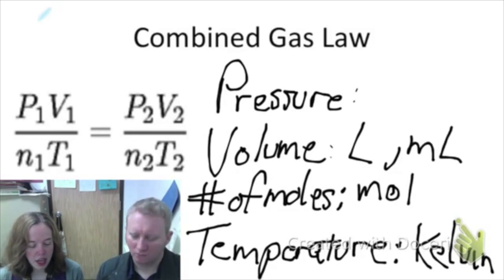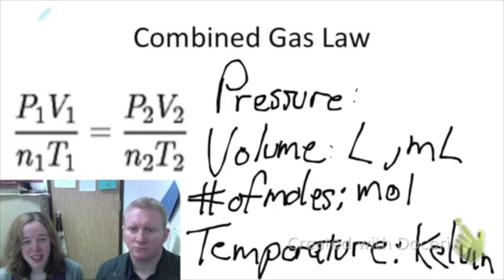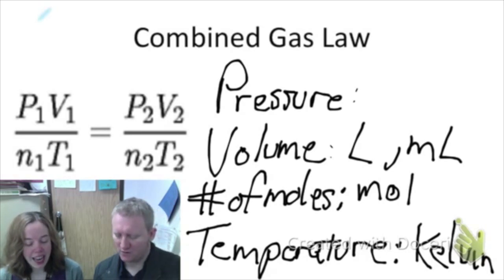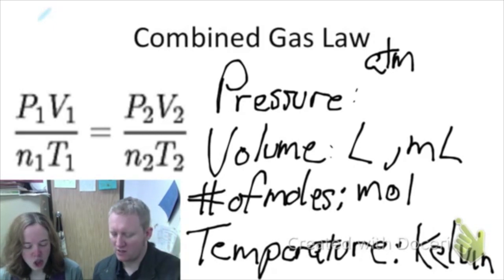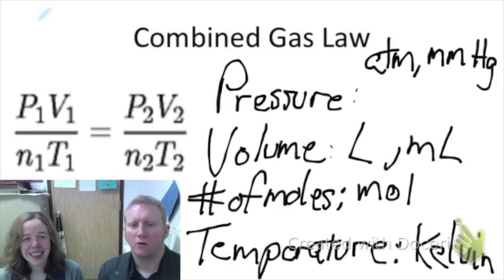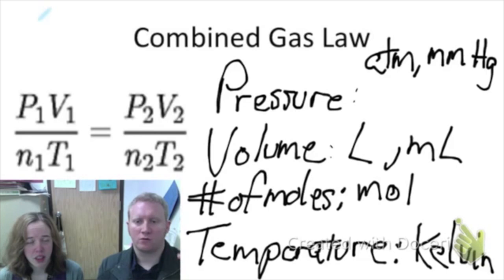And then pressure. Pressure gets a little weirder. You have several options, but they're not really any different. Pressure can be in atm, atmospheres. It can be in mmHg, millimeters of mercury, which is literally based on the millimeters of mercury in a column.